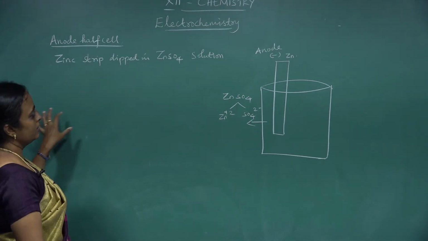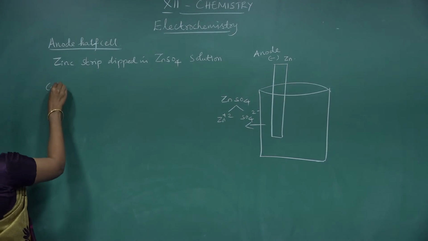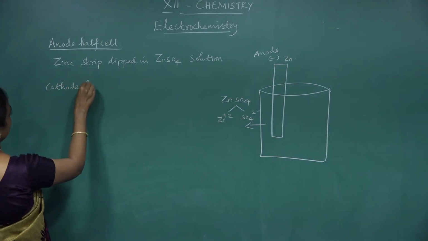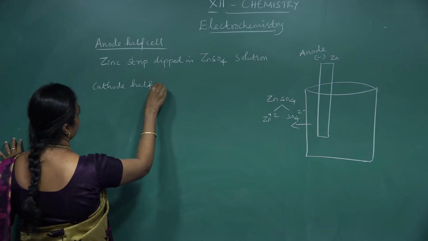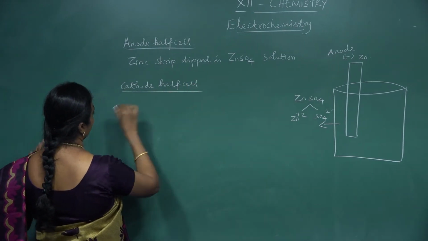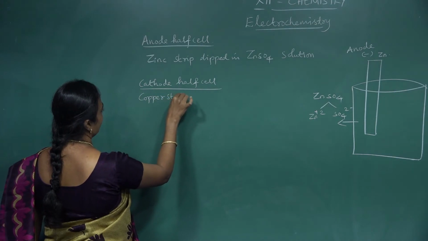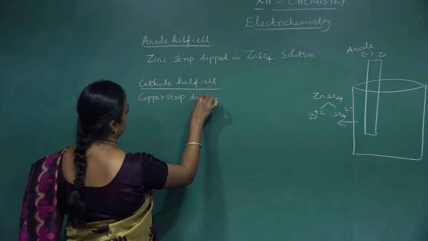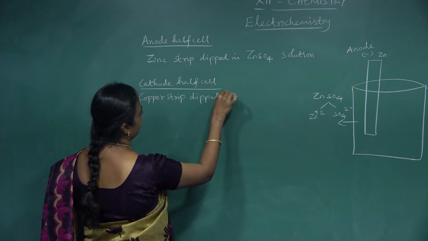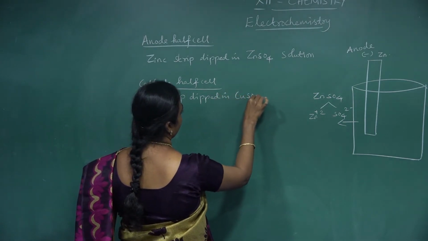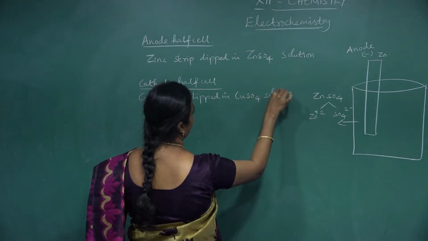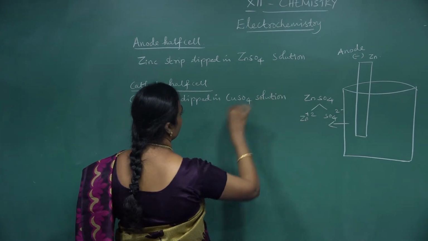Next, take the cathode of the cell. Here a strip of copper should be dipped in copper sulfate solution.